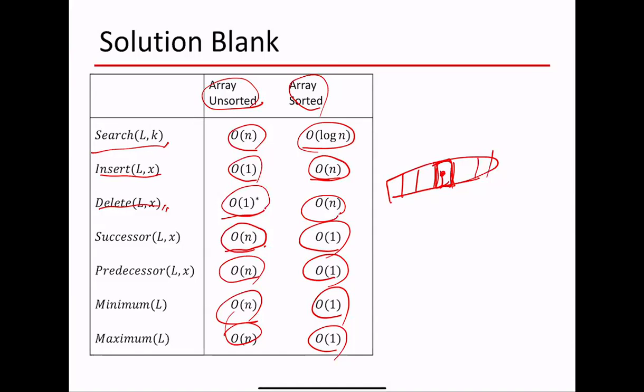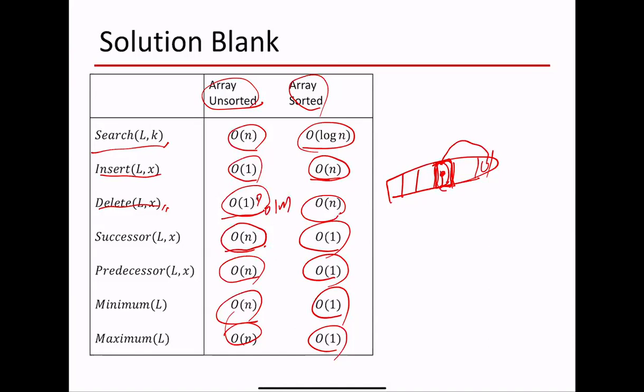In this case, let's say I know where it is and I want to delete that value. Then I can just copy the last value to this one. That's what I meant. So if you're saying I have to find it and delete it, then of course it is O(n). Clear? Okay, clear.